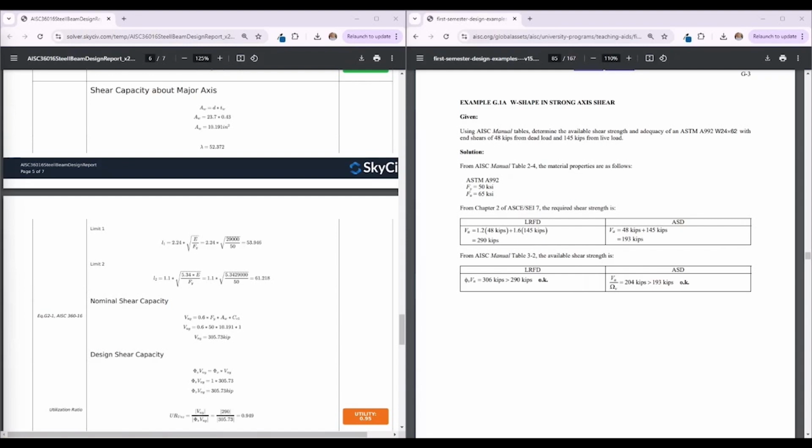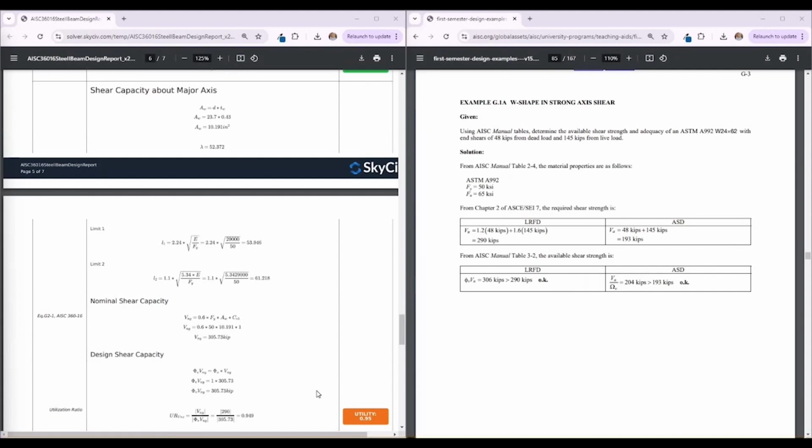Multiplied together, and by 0.6, we get a nominal shear capacity of 305.73 kips, which is similar to the rounded-up answer in the AISC design example of 306 kips. Checking the utilization ratio for the 290 kips of end shear, that is the required shear strength, we get a utilization ratio of 0.95.